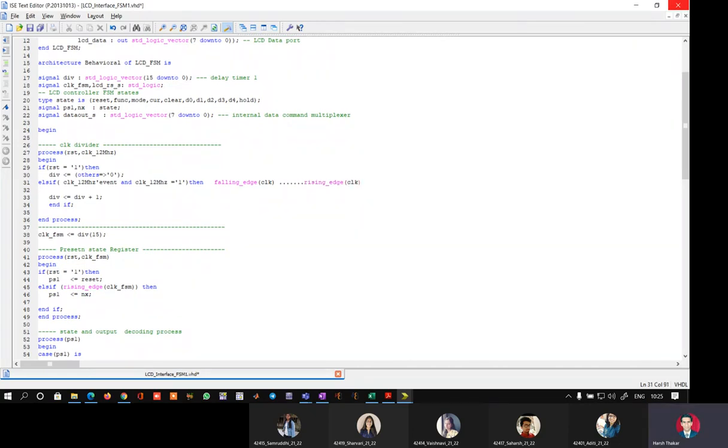Got the point? Okay, so another way of writing rising underscore edge bracket clock is to write clock tick event and clock equal to 1. Instead of this, if I write down clock tick event and clock equal to 0, it will be an equivalent of writing falling underscore edge.